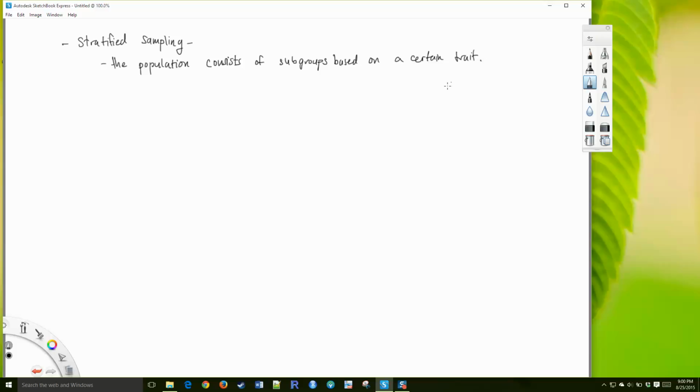Certain traits, for example, gender or race or whatever it might be.